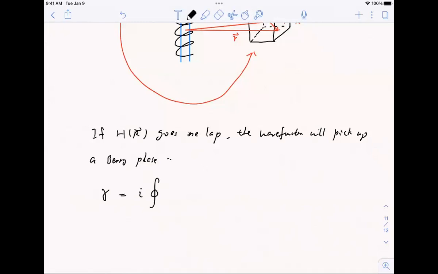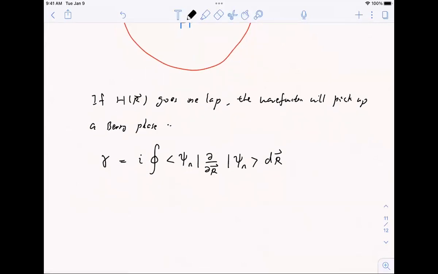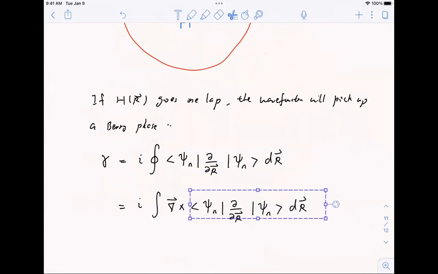Go one lap, and then this n, and then you have the derivative with respect to r, dr. And you can use the curl, and then this will become area.